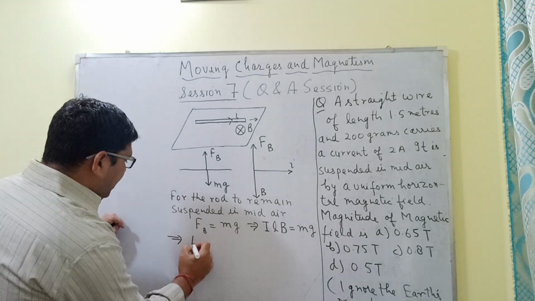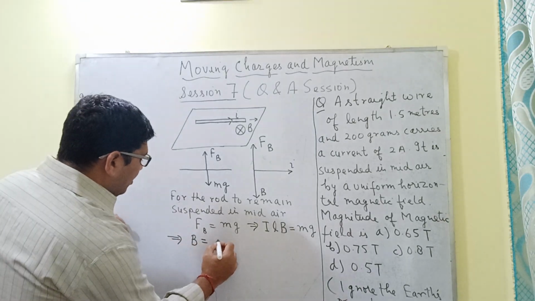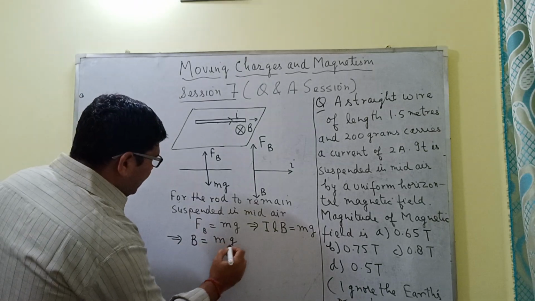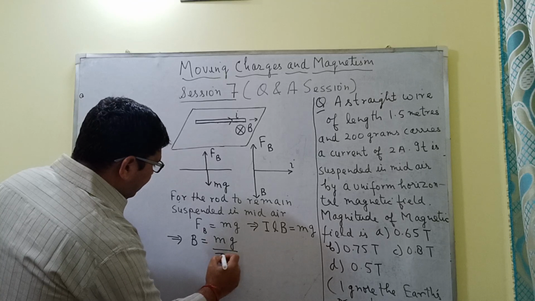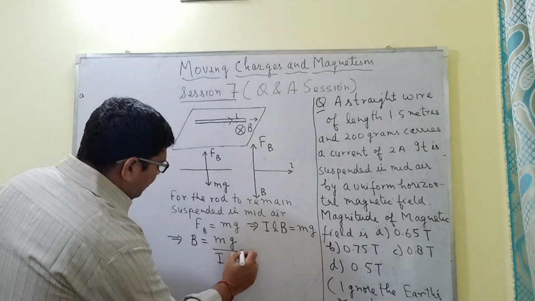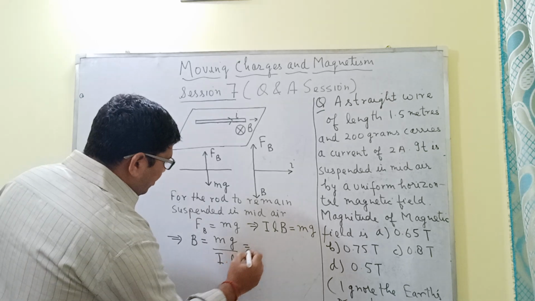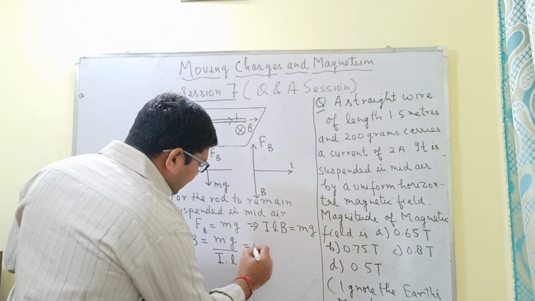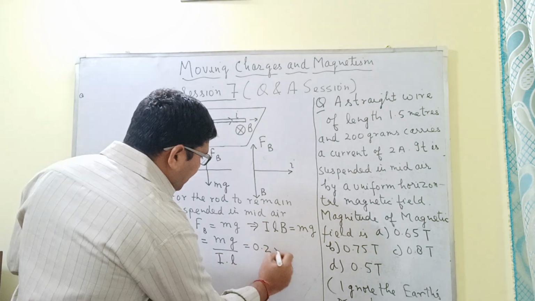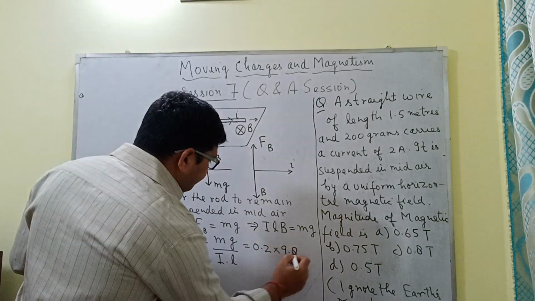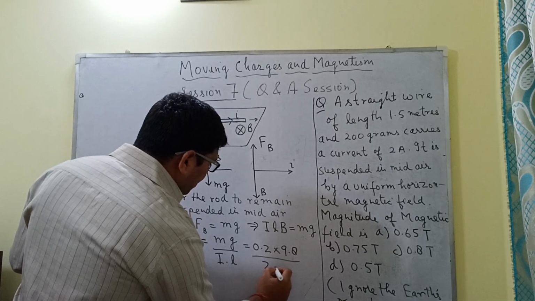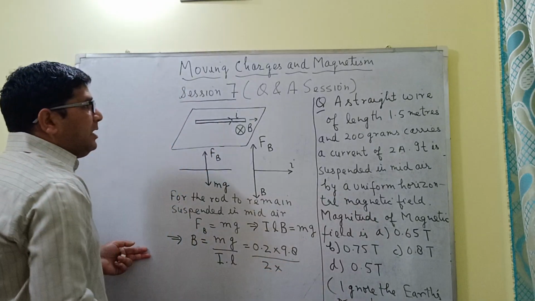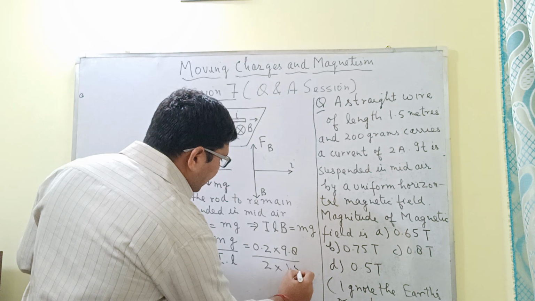It implies that B will be equal to mg divided by IL. Now M is given as 200 grams, so I will convert this into kg, which is 0.2 kg. G is 9.8, current is 2 ampere, and the length of this rod is 1.5 meters.